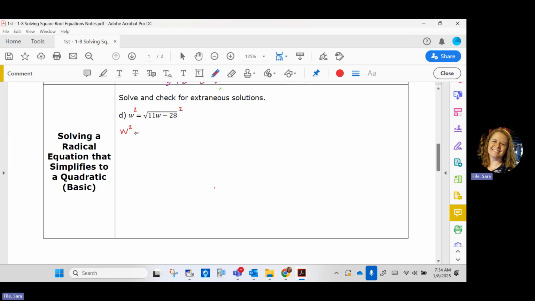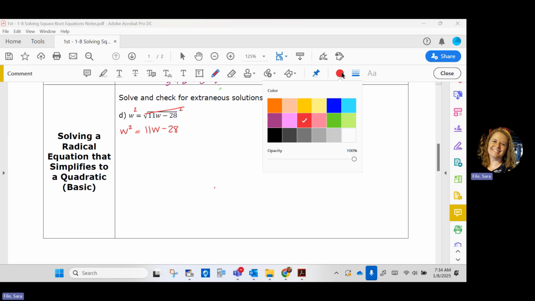So now I'm squaring a variable over here. So now I've got w squared equals 11w minus 28. Now this is a quadratic because I've got w squared, or you can think of that as x squared, however you want to think of it. If you want to use x's instead, that's fine. But when you've got your variable squared as your highest exponent, you've got a quadratic. Okay, this is what we just got through talking about, quadratics, last unit before the break.